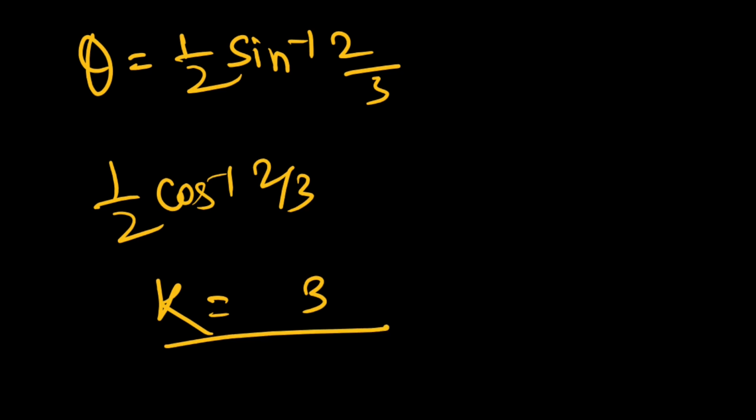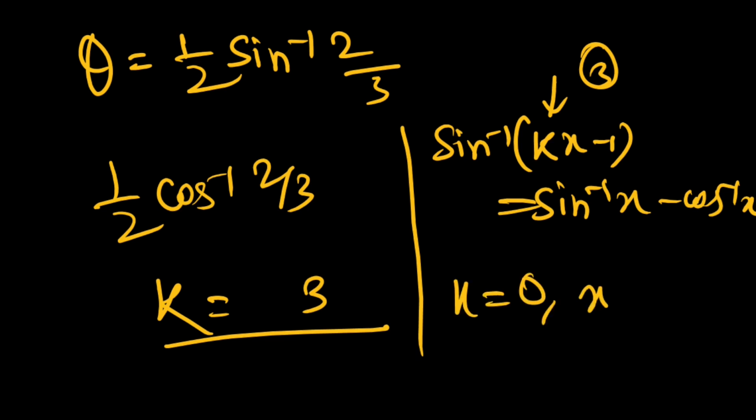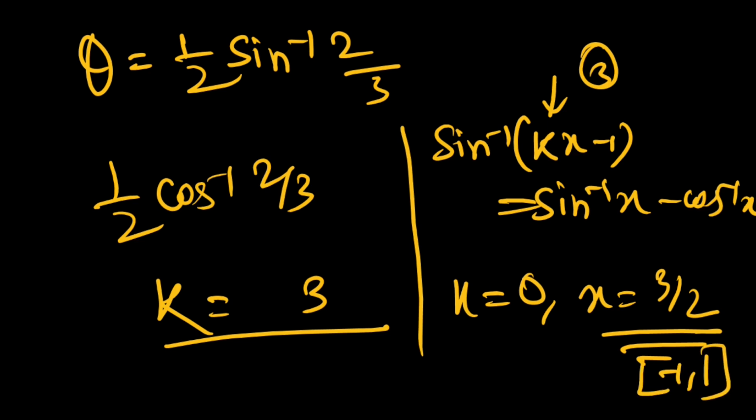Then we put k is equal to 3 in the equation sine inverse of kx minus 1 is equal to sine inverse x minus cos inverse x, and we got x is equal to 0 and x is equal to 3 by 2. 3 by 2 is outside the domain of sine inverse x and cos inverse x, that is minus 1 to 1. So that's why this value is rejected. So x is equal to 0 is the only solution. Therefore the number of solutions of this equation is 1. So 1 is the correct answer.